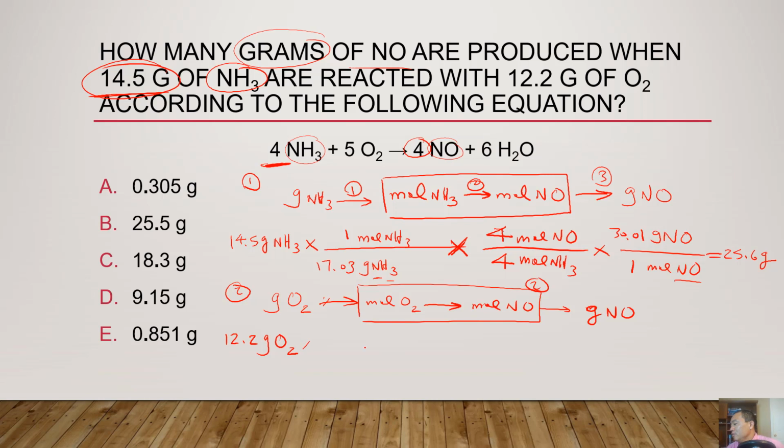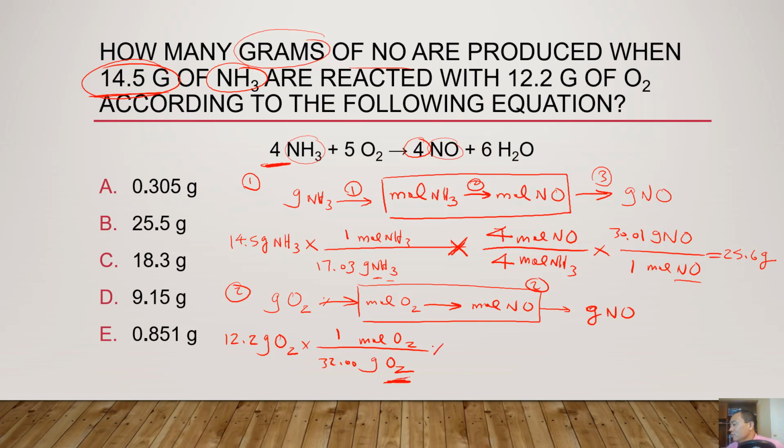Grams of O2 is cancelled out. We have a mole of O2, that's the molar mass. 1 mole of O2 is 2 oxygen, so it's 32.00. Look up the atomic mass for oxygen, then times 2 because it's O2.